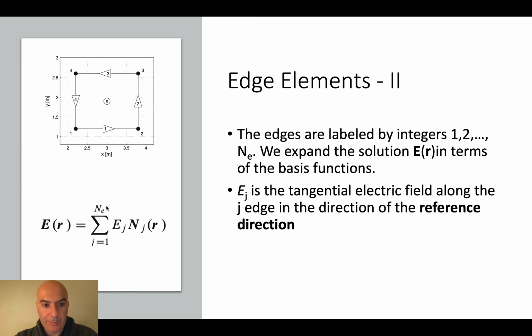We use a sum from 1 to NE, where NE is the number of elements. And then we are using the basis function capital N in bold, that is a vector. E_j is the tangential electric field along the j-th edge in the direction of the reference direction.